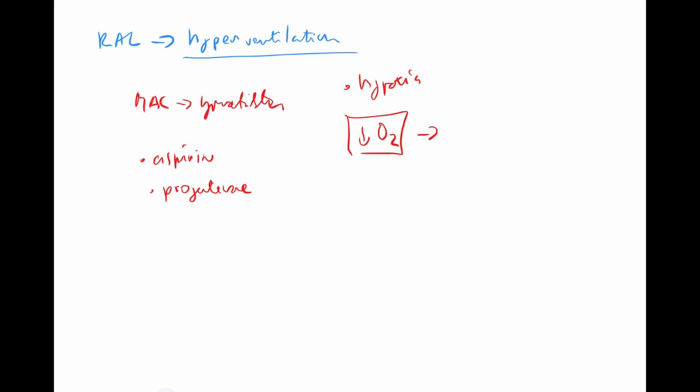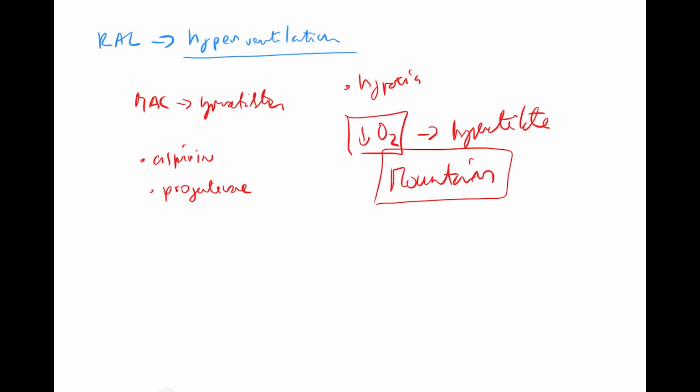You are trying to catch up with the decreased partial pressure of oxygen in the air, and as a result you blow out too much CO2 and you are hyperventilating. Every time you go too high on Mont Blanc or wherever, you're going to hyperventilate. So now you know the examples of respiratory alkalosis and respiratory acidosis.